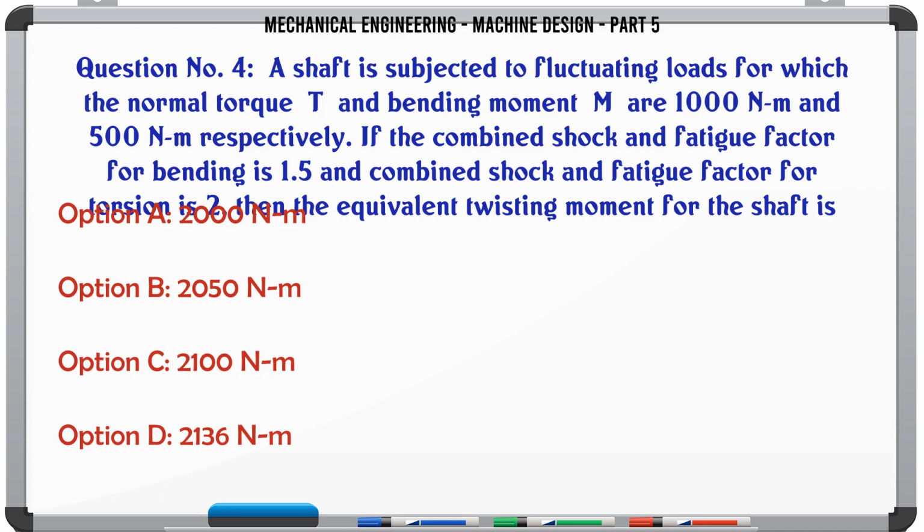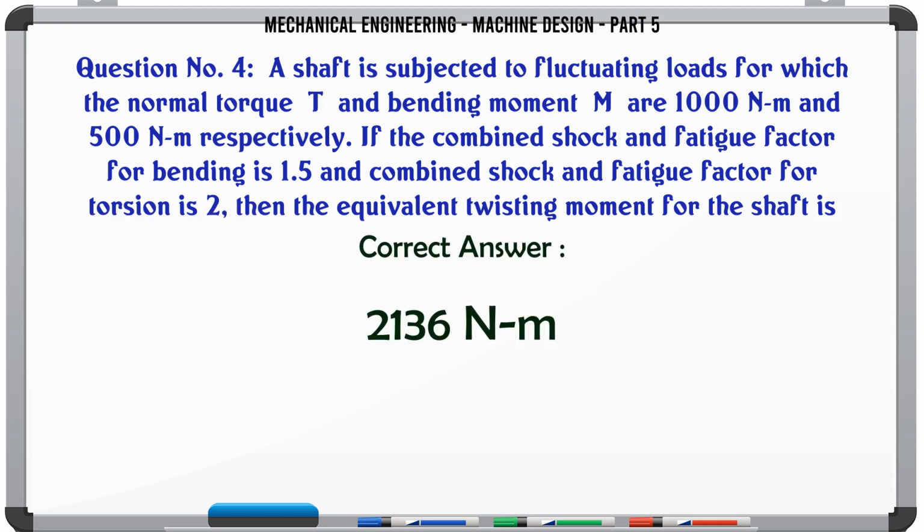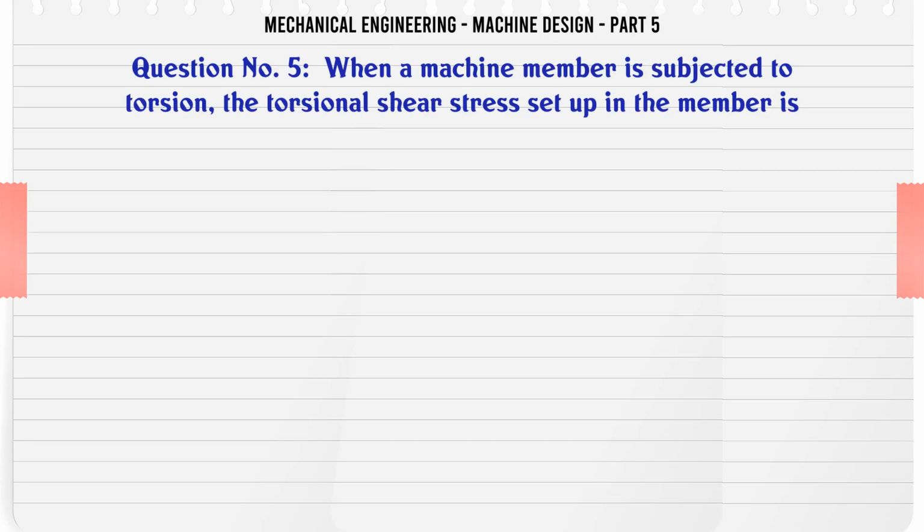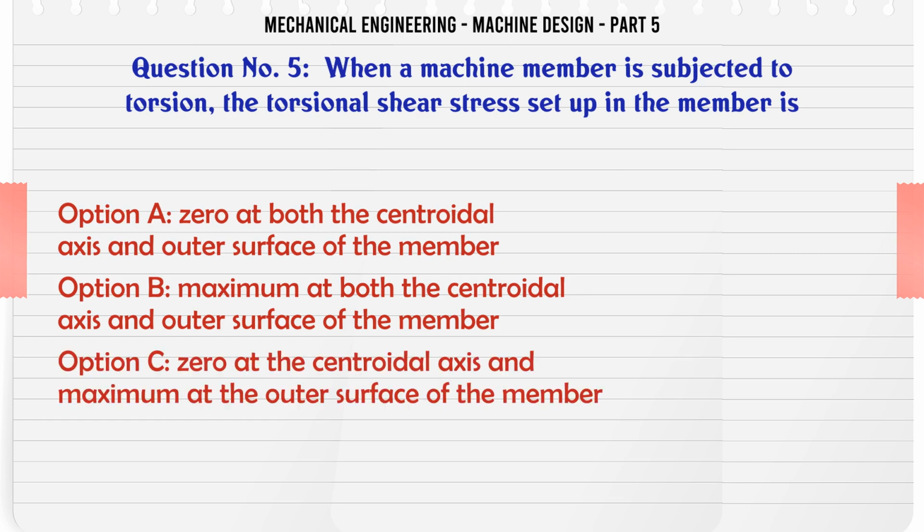If the combined shock and fatigue factor for bending is 1.5 and combined shock and fatigue factor for torsion is 2, then the equivalent twisting moment for the shaft is A. 2000 Nm, B. 2050 Nm, C. 2100 Nm, D. 2136 Nm. The correct answer is 2136 Nm.